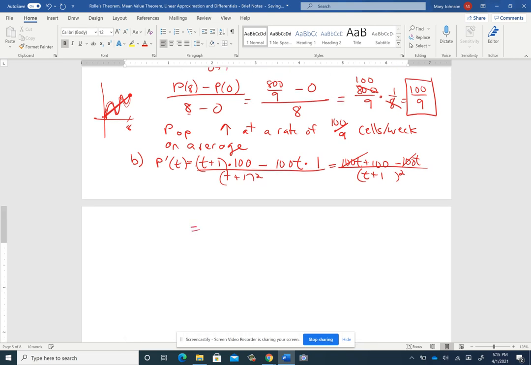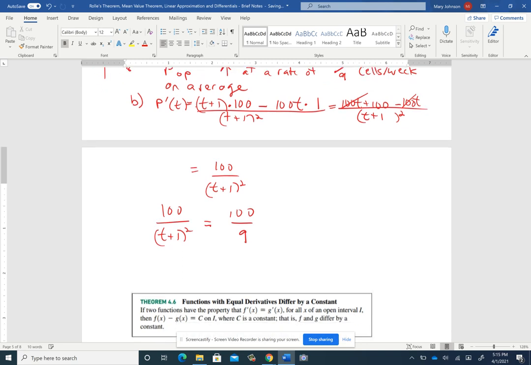So we get that to be 100 on top and then t plus 1 squared on the bottom. So the mean value theorem is asking us to find where does this p prime of t, where does the first derivative equal what the average rate of change was?